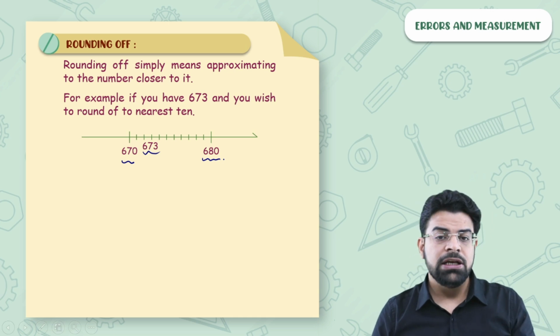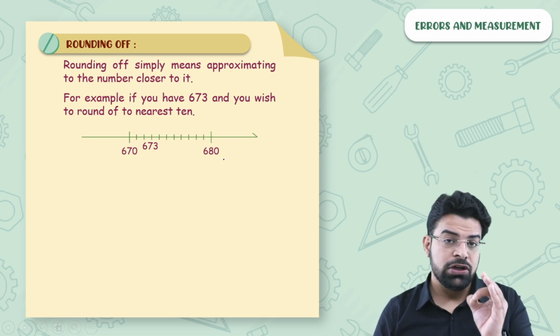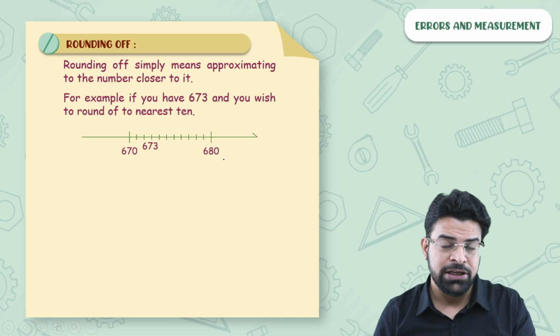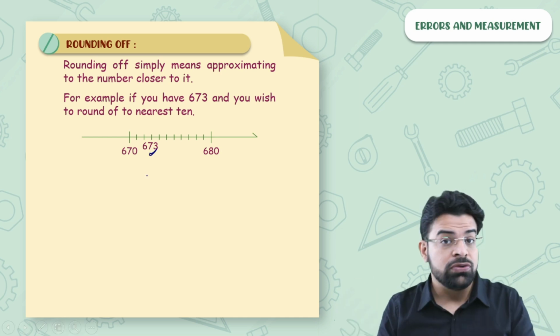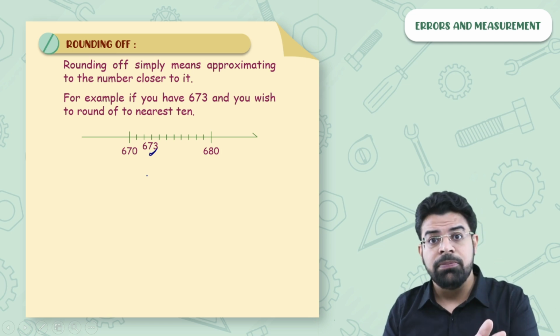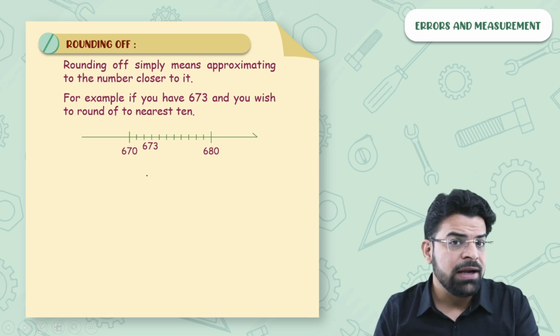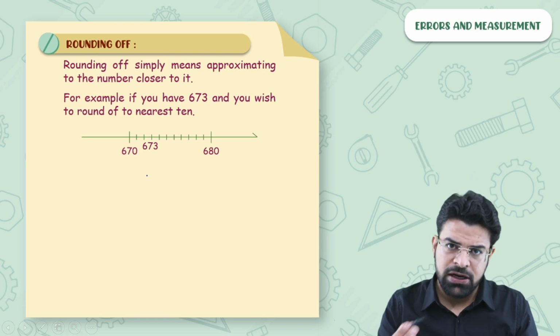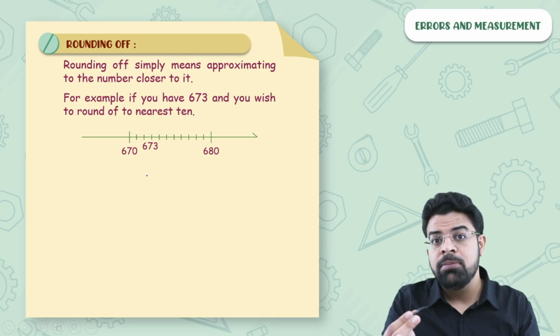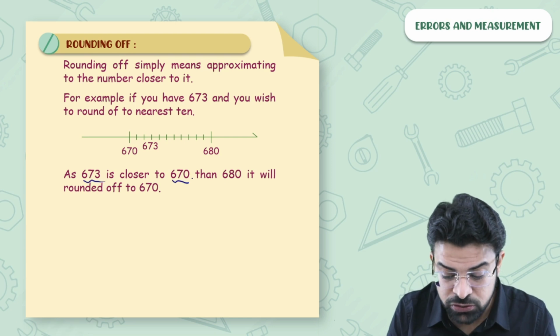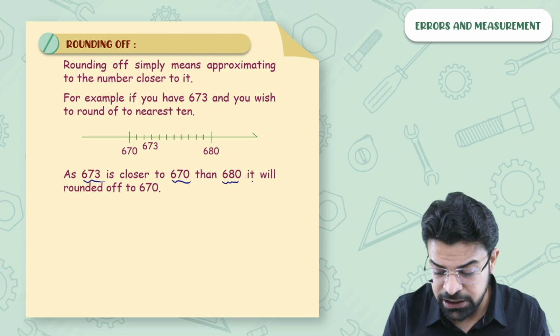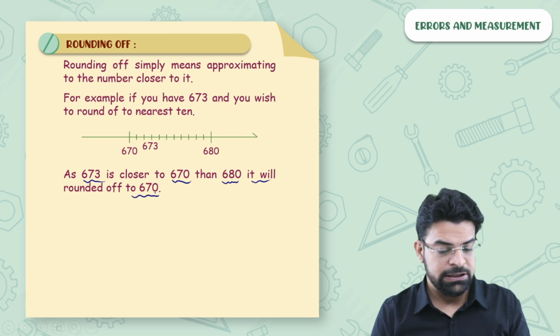Now tell me, 673 is closer to 670 or 680? If you think of the number line, definitely 673 is closer to 670 than to 680. So you will round off 673 to the number closer to it, that is 670.